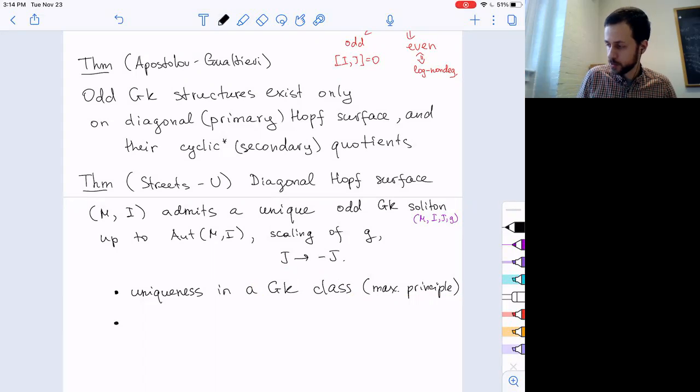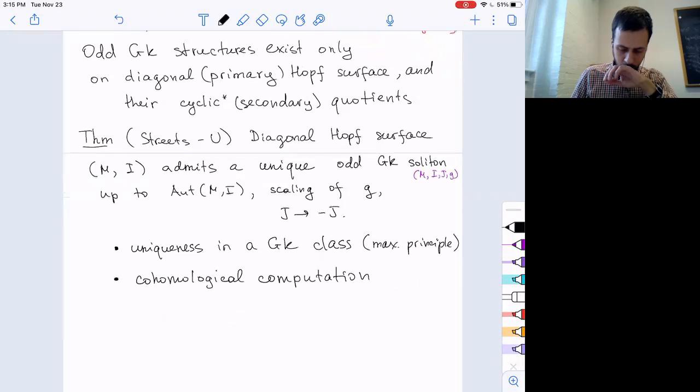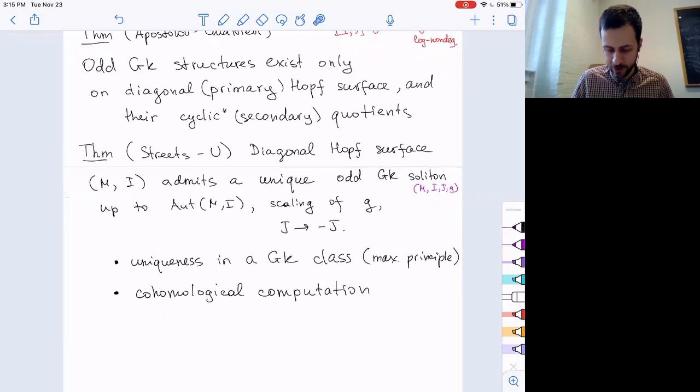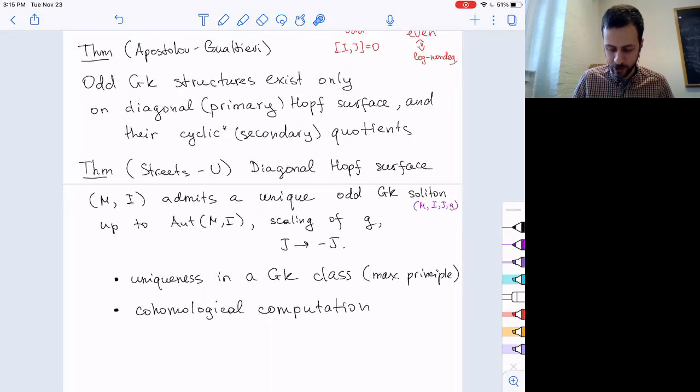And then basically you study carefully the generalized scalar classes, and this is some cohomological computation. So that essentially almost completes this case of odd structures.